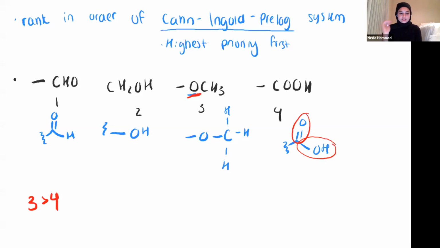And we know that oxygen is really up there based on the periodic table, it's just better than carbon for size. And then after this, we would have the 1 because it is double bonded to the oxygen like this. So then we have 1, and lastly we have 2.